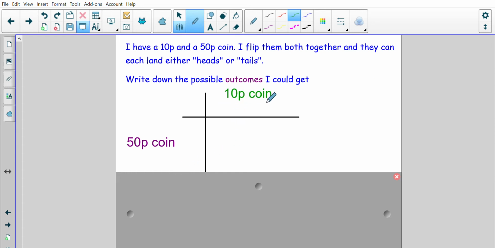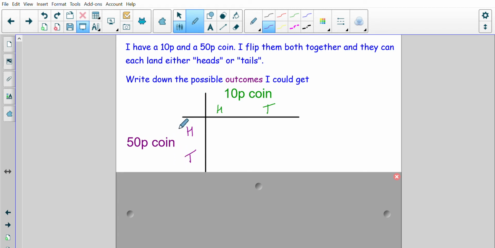On my 10p coin here, I could get heads or tails. My 10p coin, I'm going to use green. And on my 50 pence coin here, I could get heads or tails. My 50 pence coin is going to be purple. So I've got the top section of my table representing across the top the 10p coin and down the side representing the 50p coin.